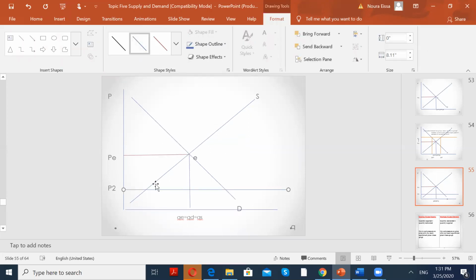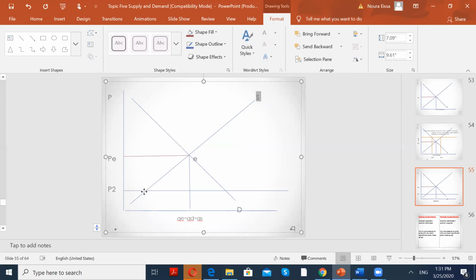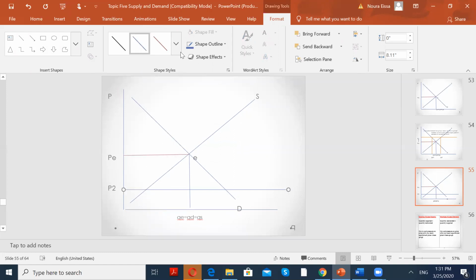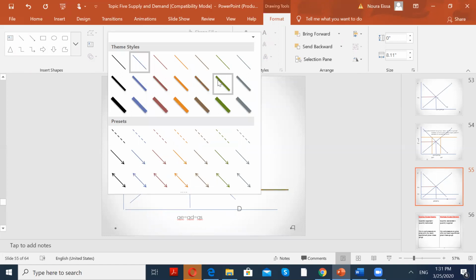Okay, now this point right here, this is on your supply. So this is, okay, let's make this green, for example.